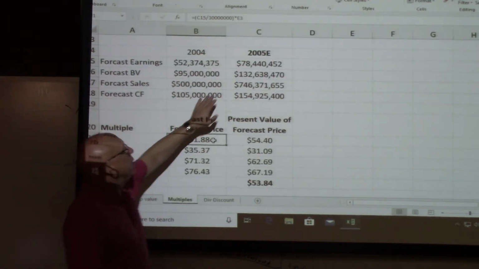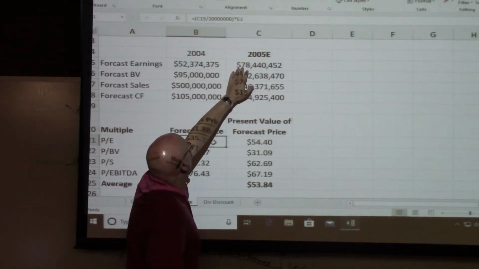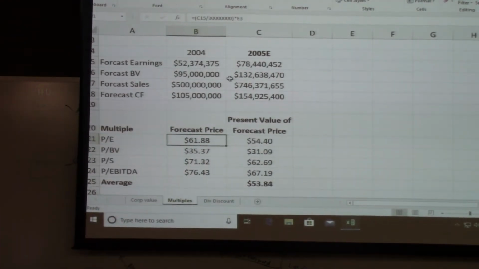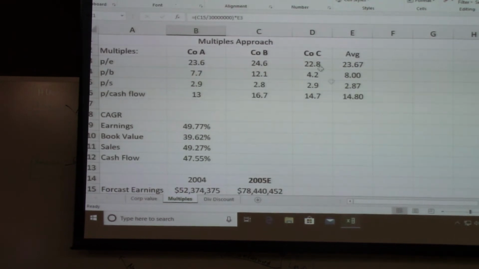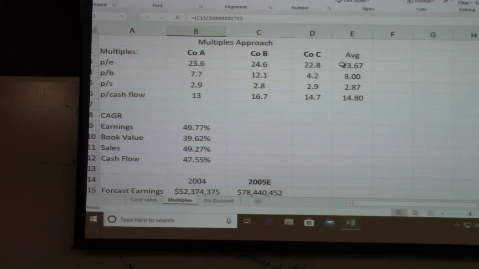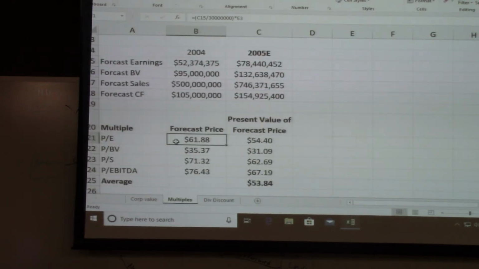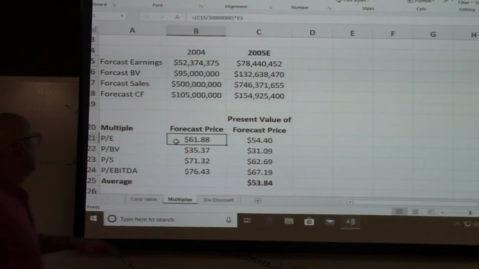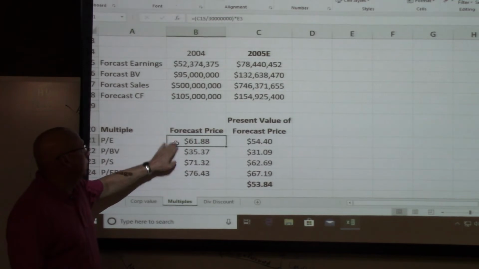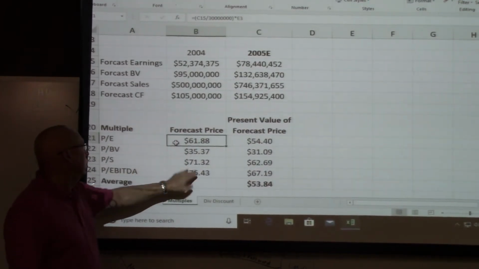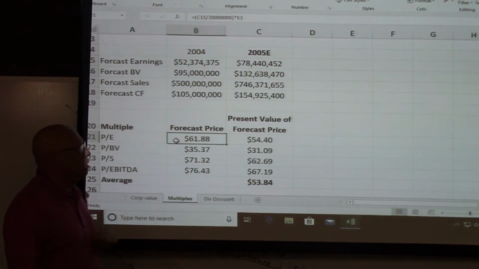Okay? And that takes us down to our price. So we take our forecast earnings times our forecast multiple, and then divide by 30 million, and we get our price per share using PE, price to book, price to sales, price to EBITDA.